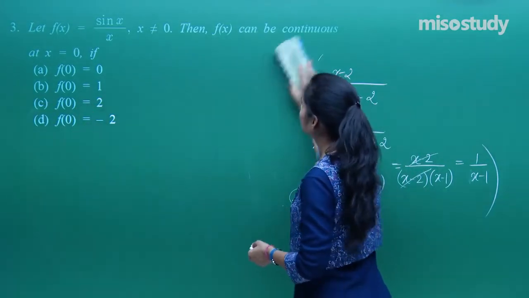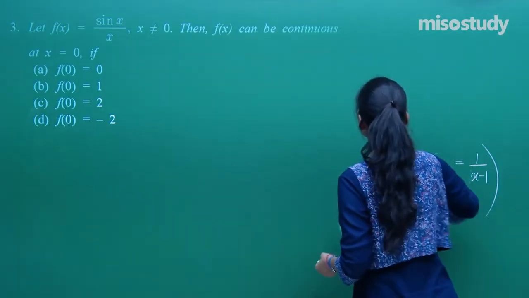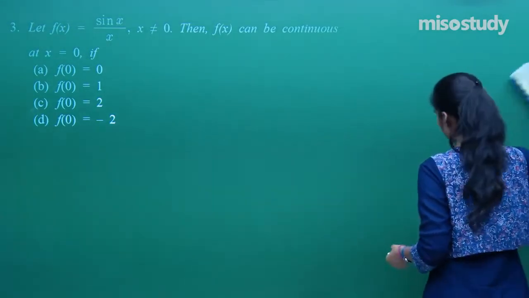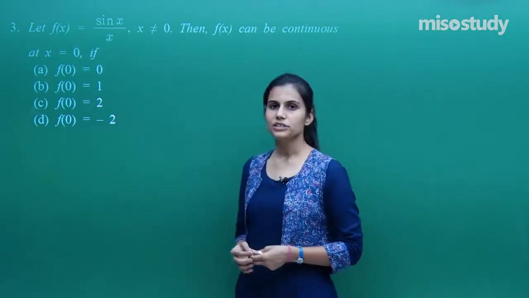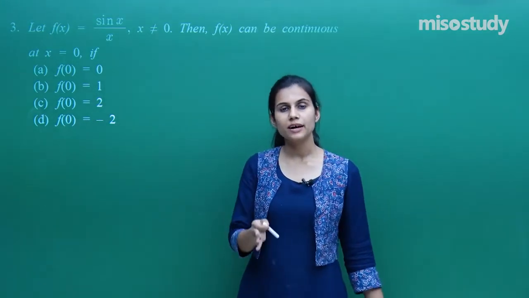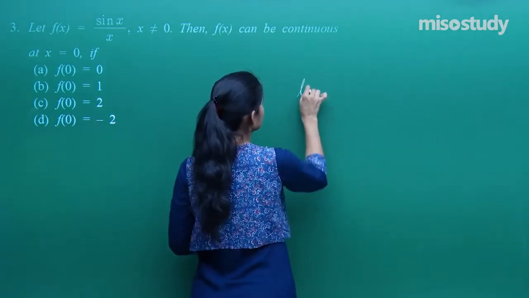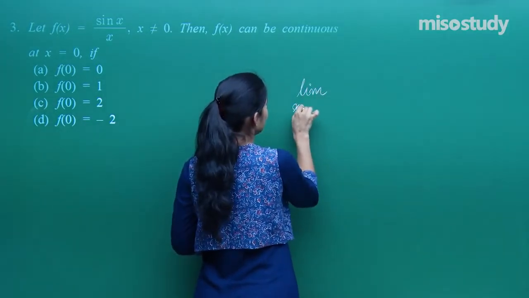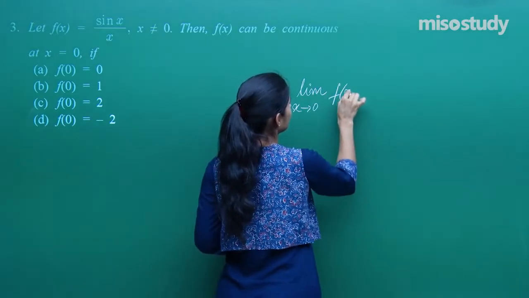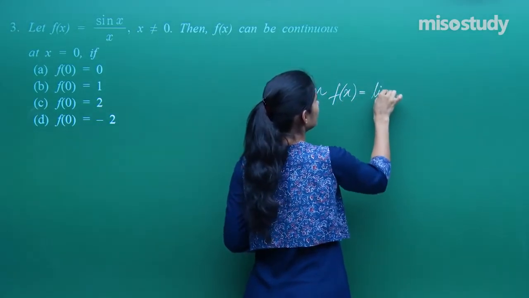What do you think is going to make this function continuous at x equals 0? This function will be continuous at x equals 0 if f of 0 is defined to be equal to limit x tends to 0 f of x. So what is limit x tends to 0 f of x? This is pretty simple.